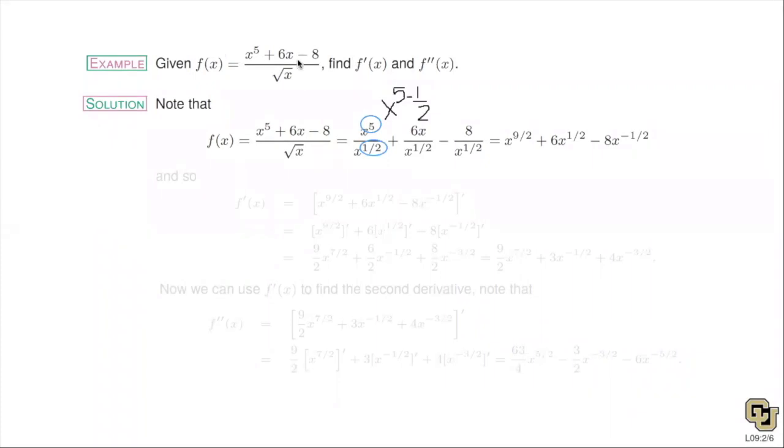So here I get x raised to 9 over 2 when you simplify it. And similarly with the other terms. Here x divided by x to the 1/2. Remember, this is x to the 1. So this will be x to the 1 minus 1/2. 1 minus 1/2 is exactly 1/2 here. And finally, for the last term, I just brought it up and put it with a negative exponent.